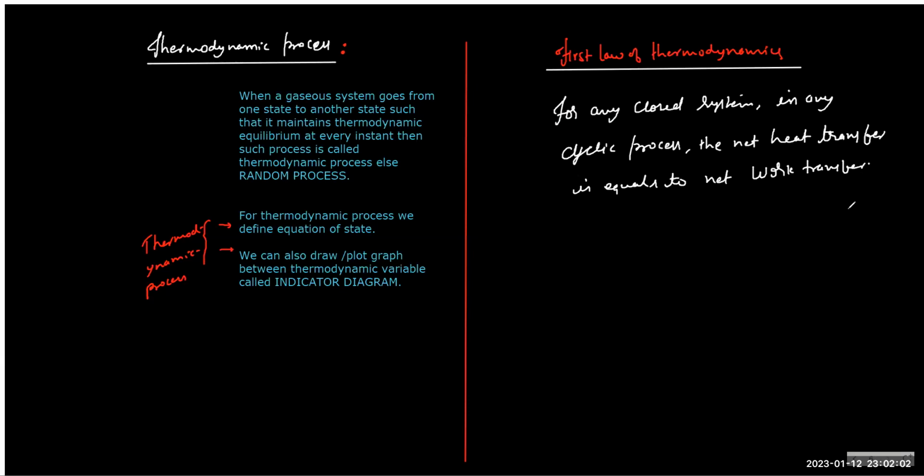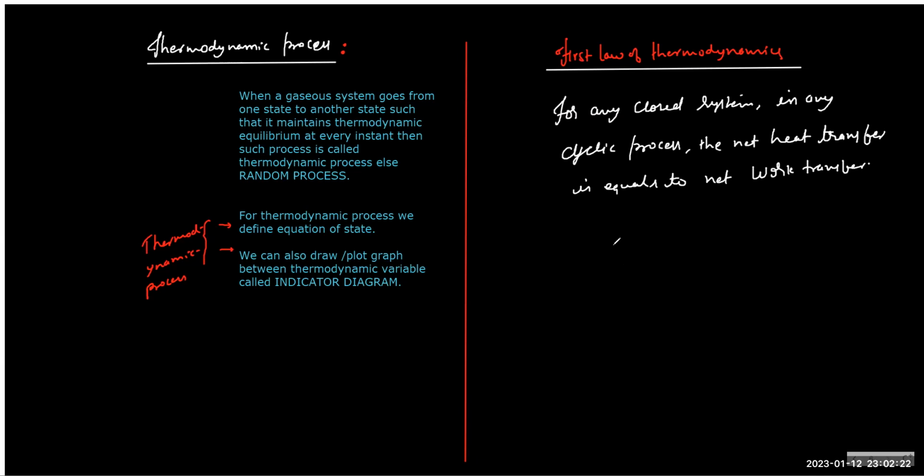Which means if you have a closed system, and it is cyclic, then at the end of the process, whatever heat you give, you will derive the same work. It's like a 100% efficient system, which is of course going to fail in future, and we will have the second law.